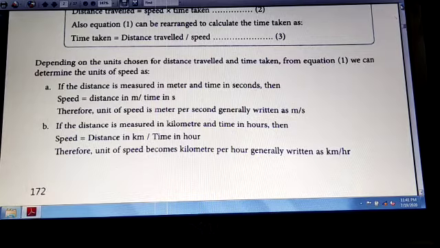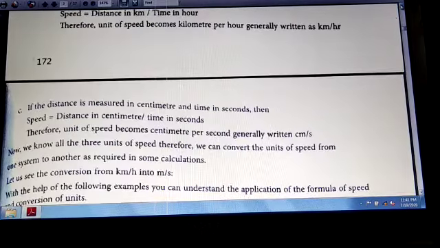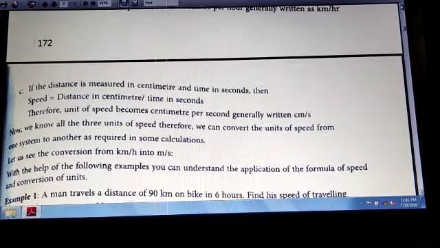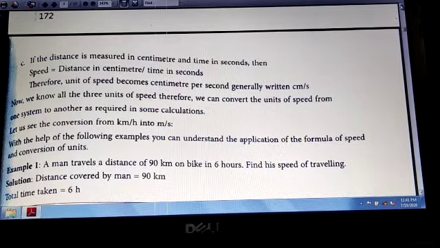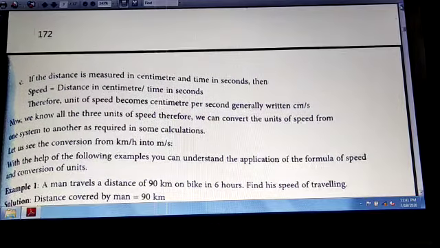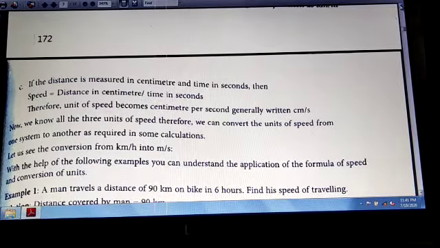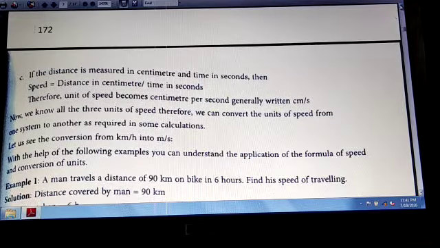So you should know the conversion. And third one is, if distance is measured in centimeter and time in seconds, then we'll calculate speed as distance in centimeter and time in seconds. So unit of speed becomes centimeter per second. So three methods we are calculating speed: meter per second, kilometer per hour and centimeter per second.